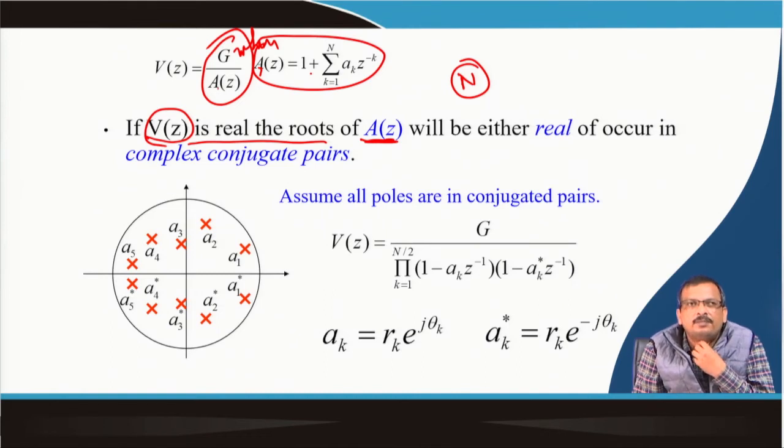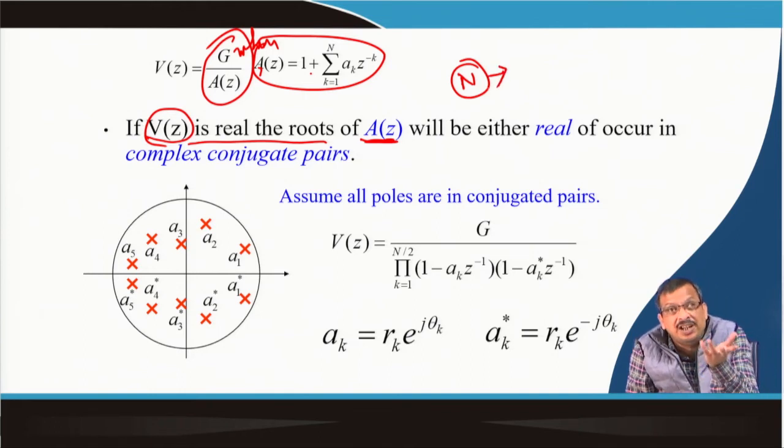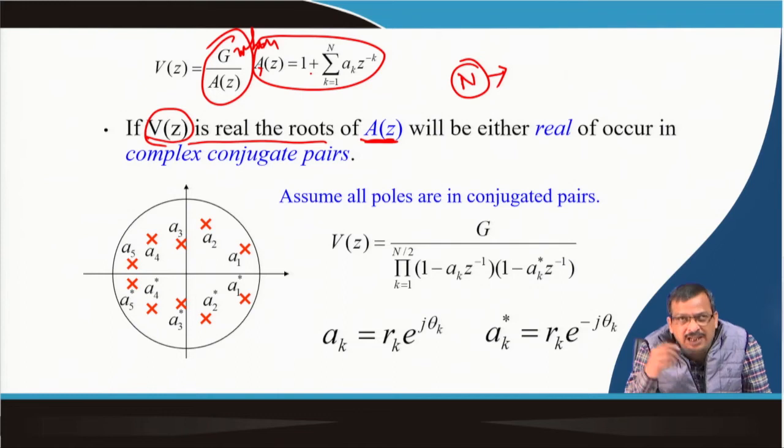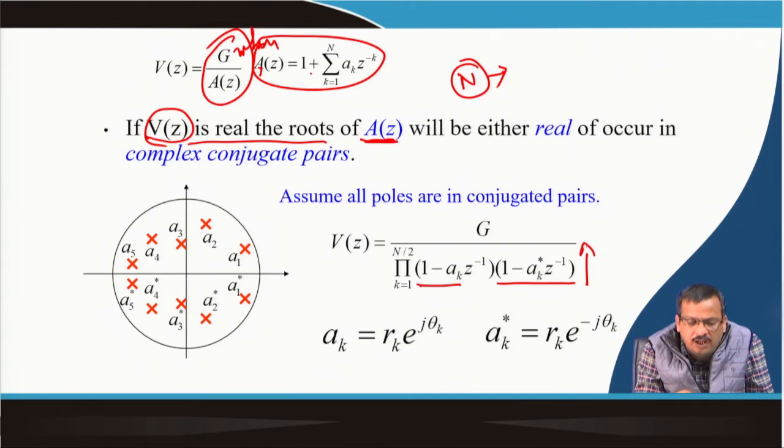If they are real roots, N number of poles are there. If the poles are complex, they occur as complex conjugate pairs. So, I can say that there are N by 2 complex conjugate pairs of poles.